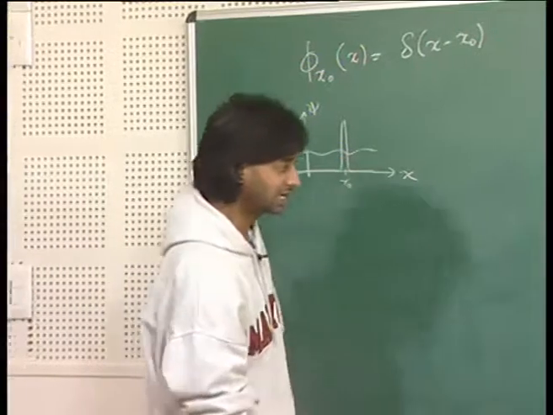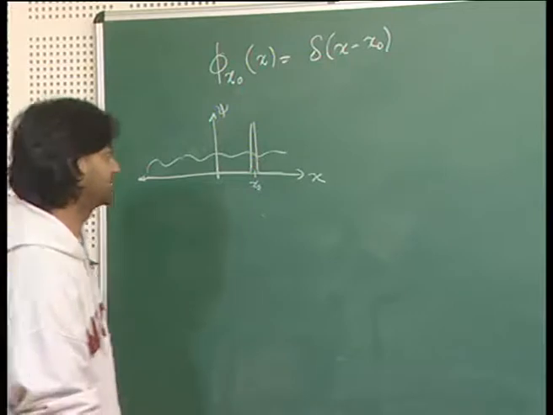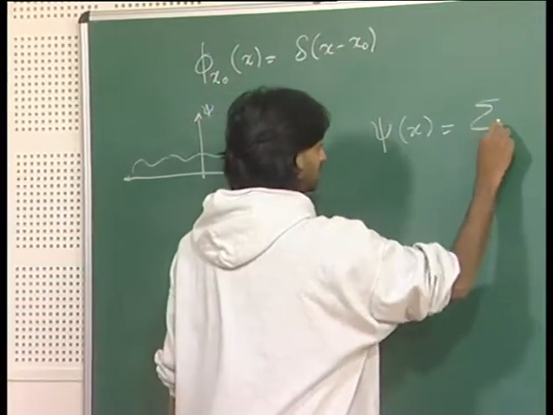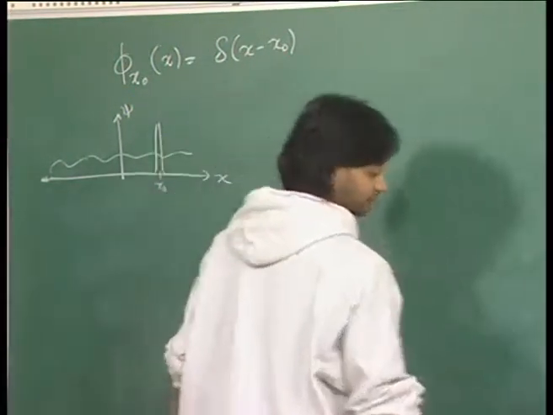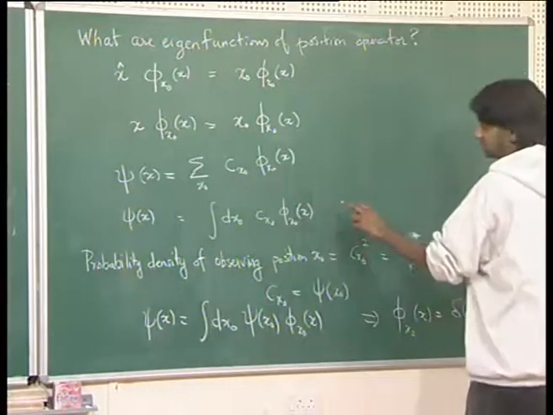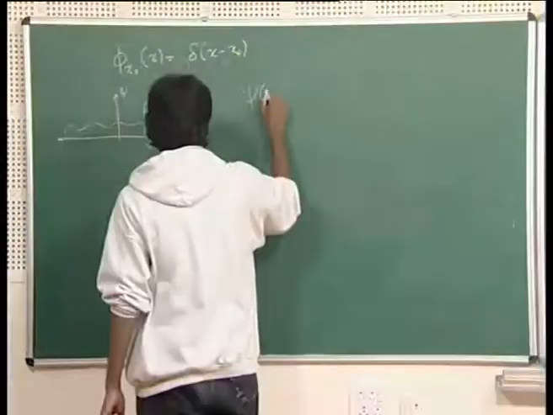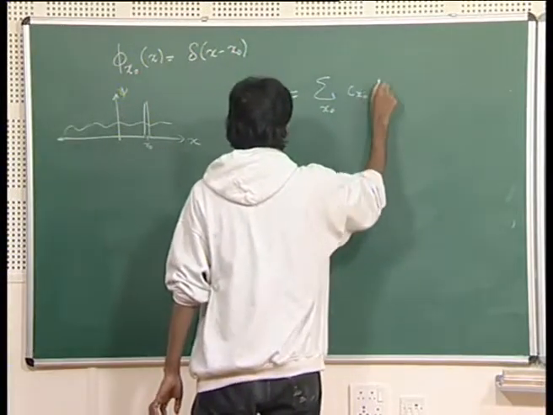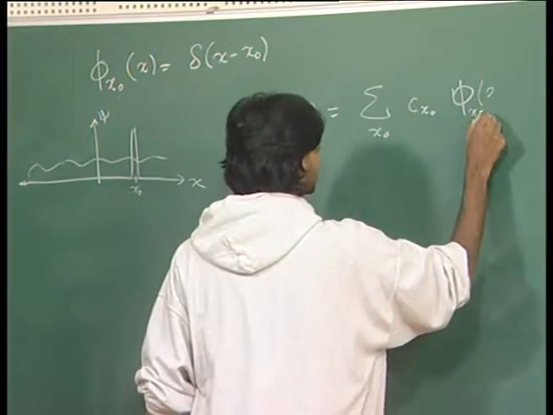So, eigenfunctions of the position operator are delta functions, and you can easily see that if you write psi of x is equal to... you can trivially see that if I put delta functions, then this equality gets satisfied. So, what we saw is the following: psi of x is equal to the sum over x0 of c of x0 phi x0 of x.